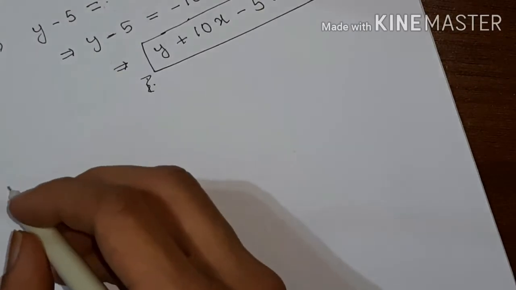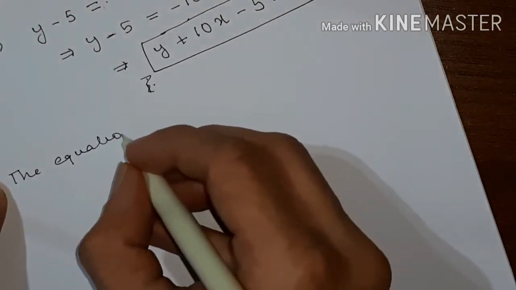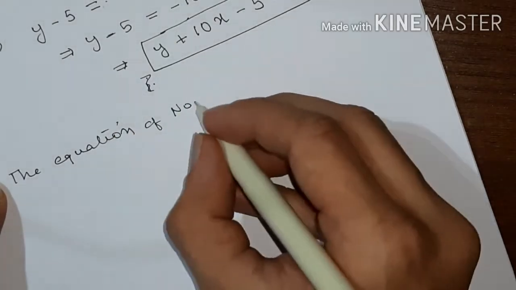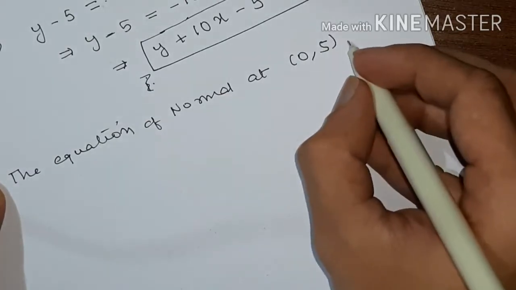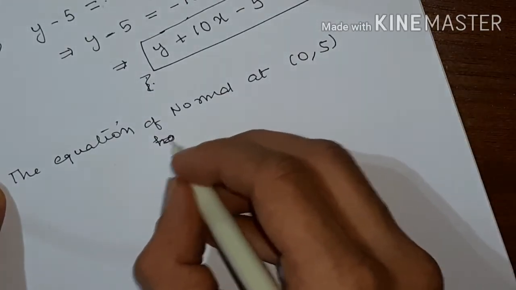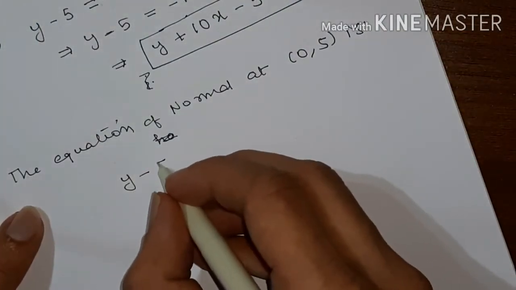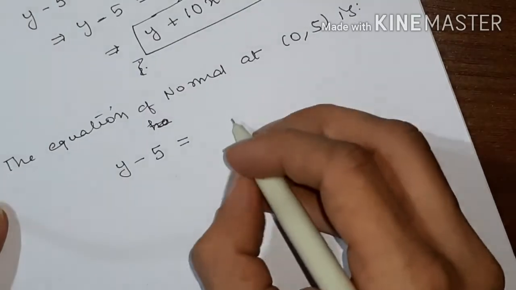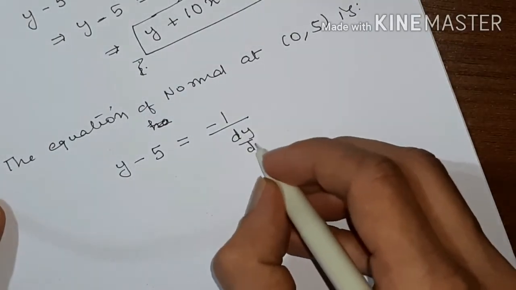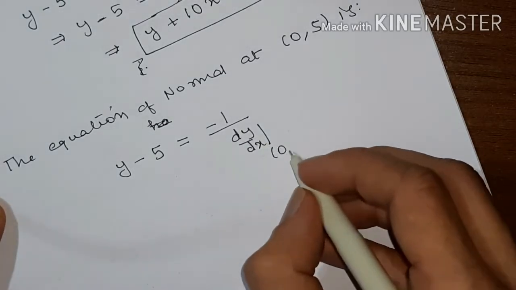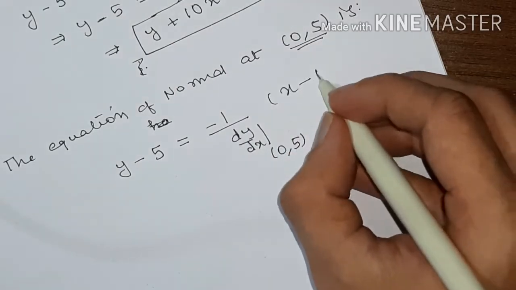Now let us find out the equation of the normal. The equation of normal at 0,5 is y minus y naught, which is 5, equal to minus 1 divided by dy by dx at the point 0,5, multiplied by x minus 0.